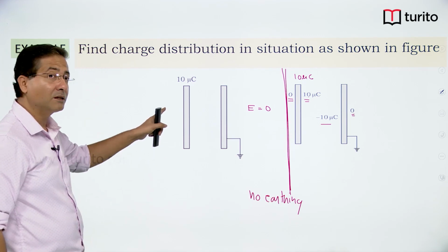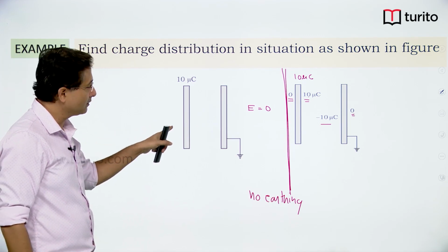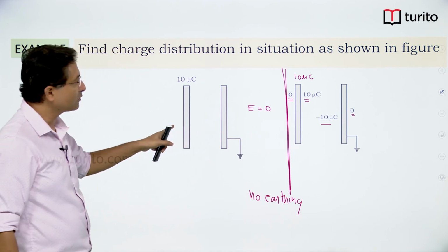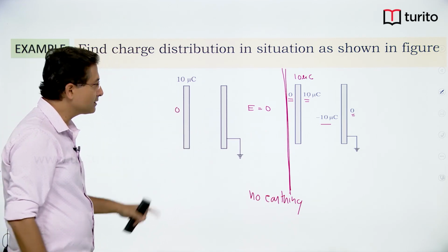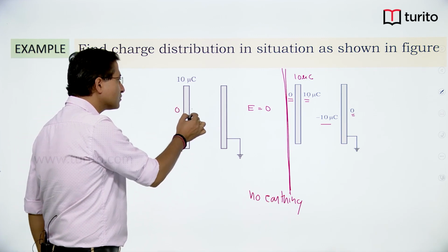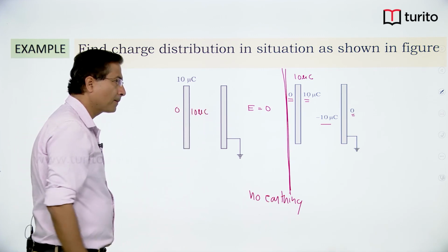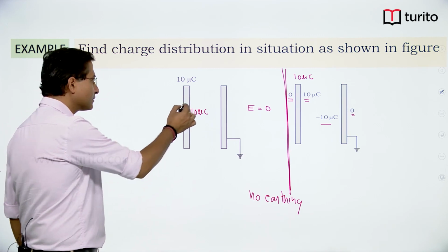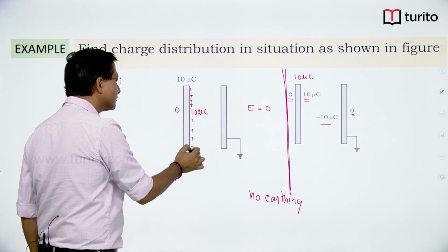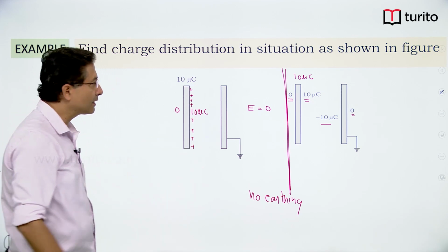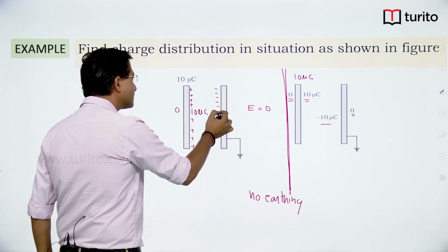So we will start with the plate which is not connected to the earth. This side charge is 0, it is not connected to anything else, total charge has to be conserved, so 10 microcoulomb charge will come on the inner surface. And the facing one will get minus 10 microcoulomb charge.